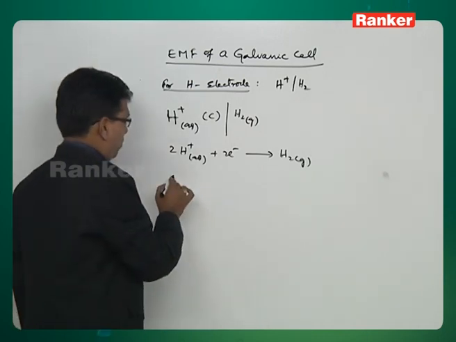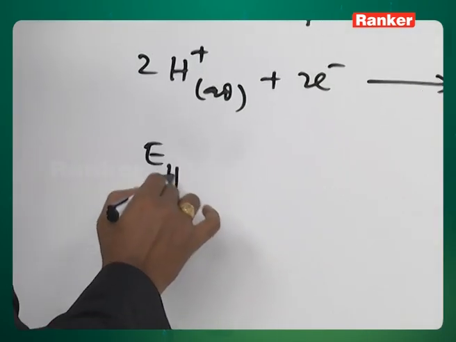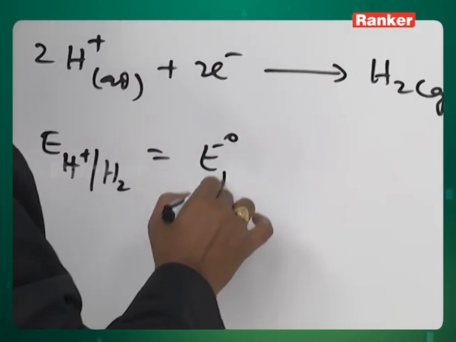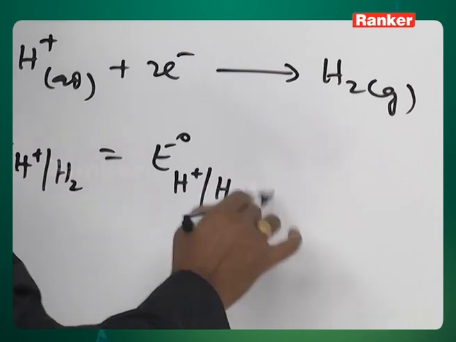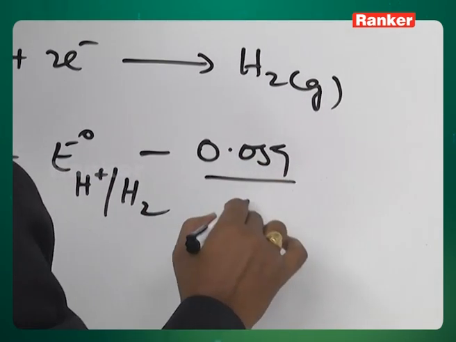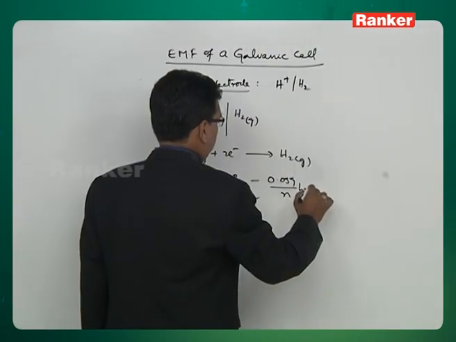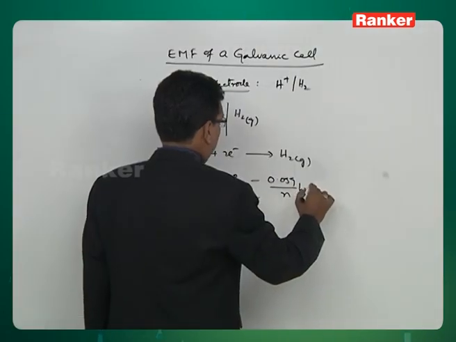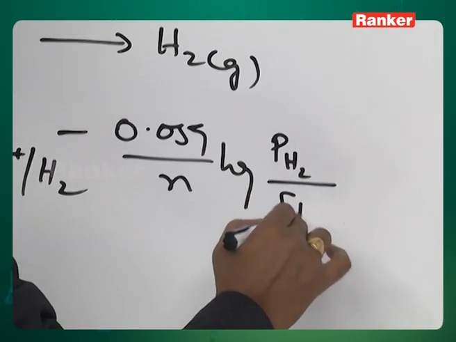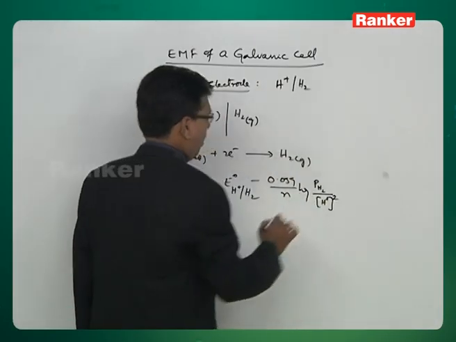So, E H+/H2 is equal to E naught H+/H2 minus 0.059 by n log pH2 by H+ square.